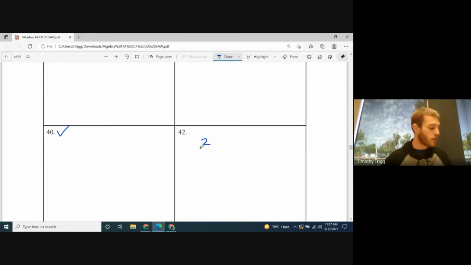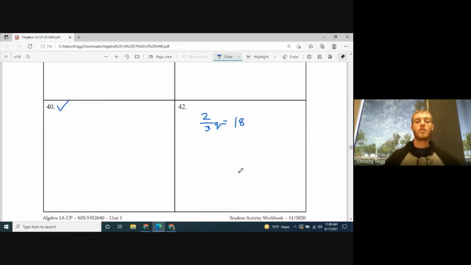So this is 2/3 q equals 18. So again, whatever the denominator is, that's what we're going to multiply by. In this case, we're going to multiply everything by 3. So we're multiplying 2/3 q times 3, and we're multiplying this by 3 as well.